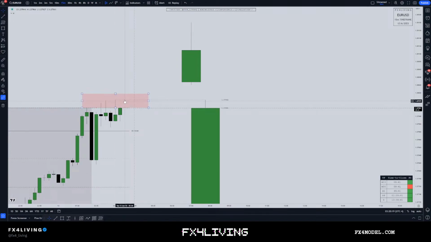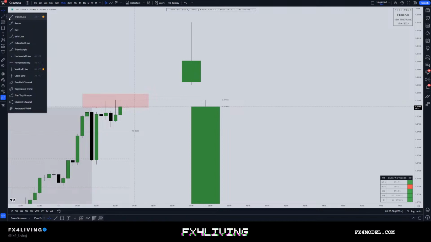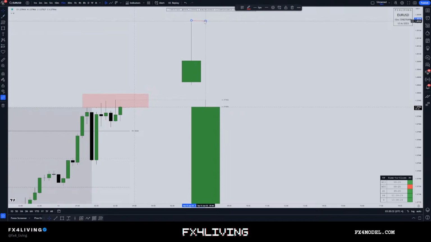But still, example, if you got a pin bar like that, and you want to anticipate the next candle going down, your invalidation should be above this high, right?